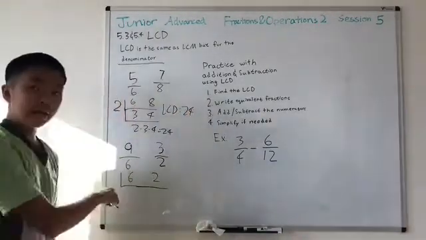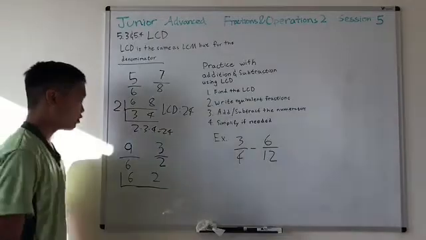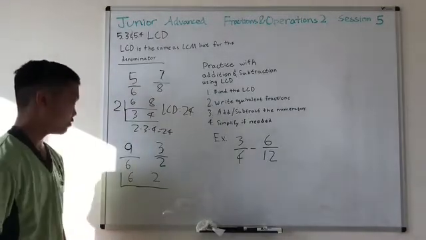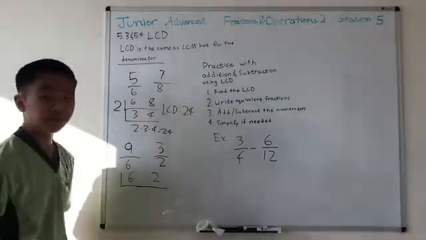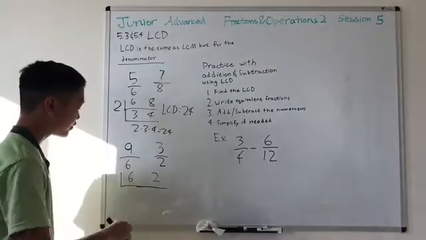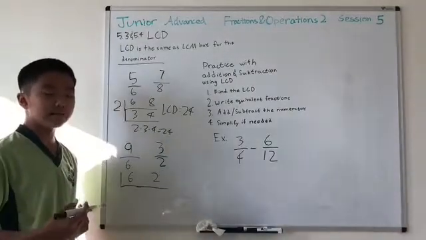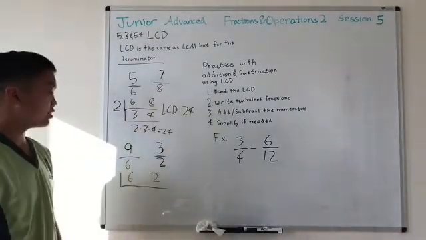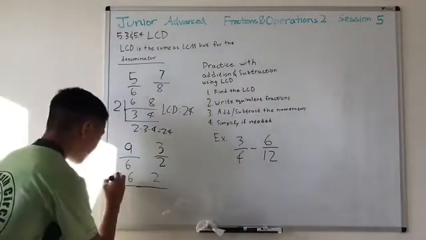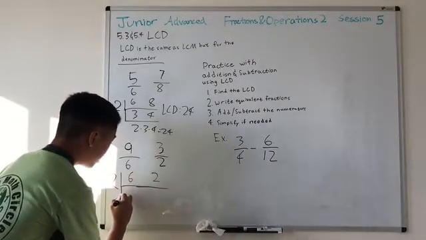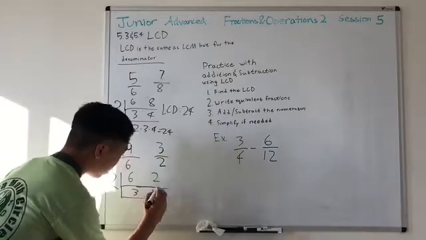And then for the next set, we have 9 over 6 and 3 over 2. And you can see I already put them in the ladder with 6 and 2. And we need to see what both of these numbers are divisible by. And we know this is actually 2. So then if we divide both sides by 2, we get 3 and 1.